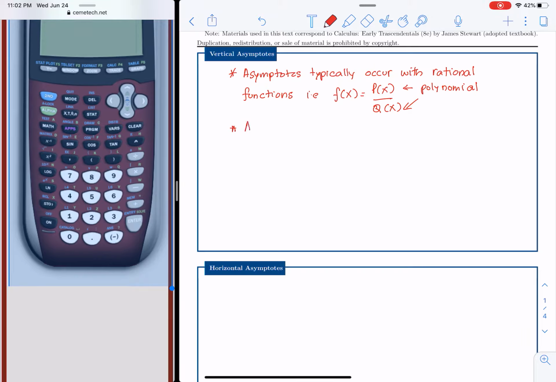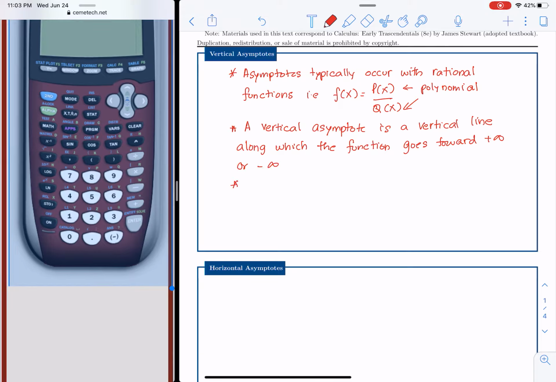So a vertical asymptote is a vertical line along which the function goes toward positive infinity or negative infinity.